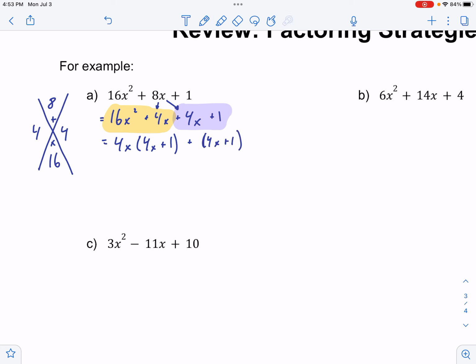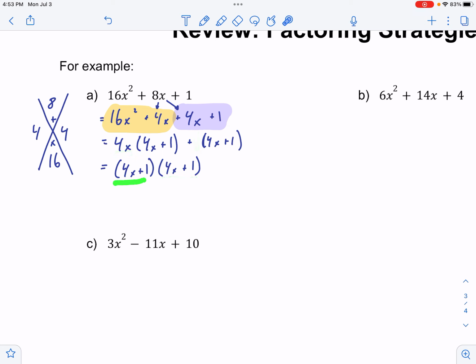Now putting it in brackets to really underline the fact that both terms are the same. Remember, we had to have that common polynomial at the end. I'm going to bring my 4x plus 1 out front. And what I'm left with is actually 4x plus 1. There's an invisible 1 that's at play here. And that's what helps to create that second bracket.